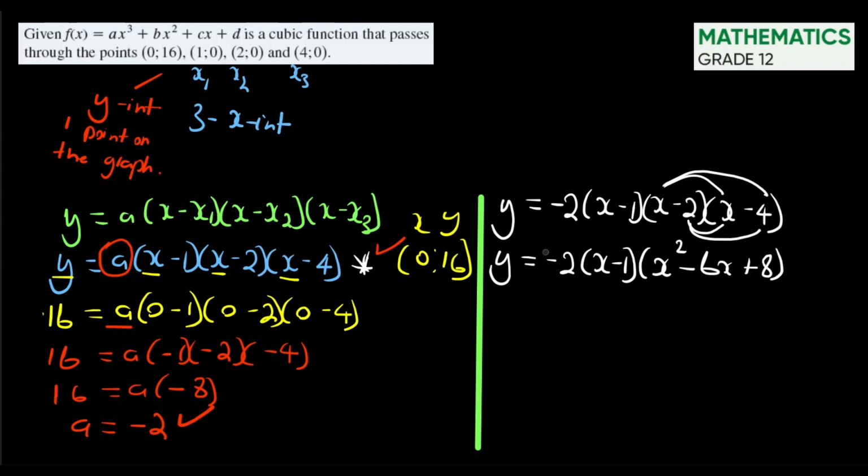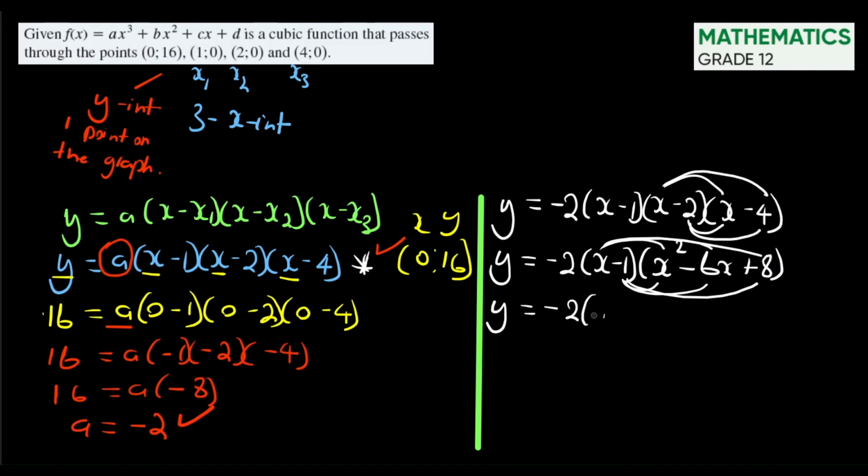So you can FOIL it out and see that we still get identical answers to mine. Then -2, then we multiply the 2 brackets. Then we're going to say x into x squared, x into -6x, x into 8, -1 into x squared, -1 into -6x, and -1 into +8.